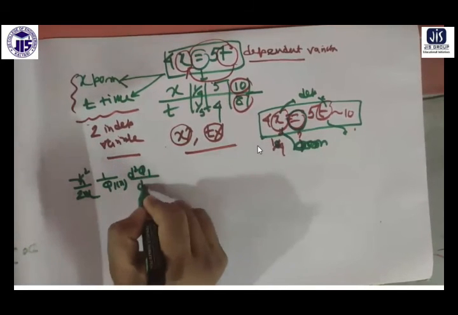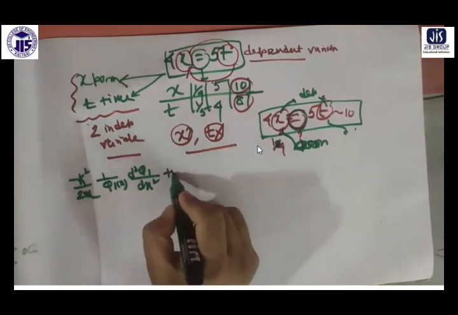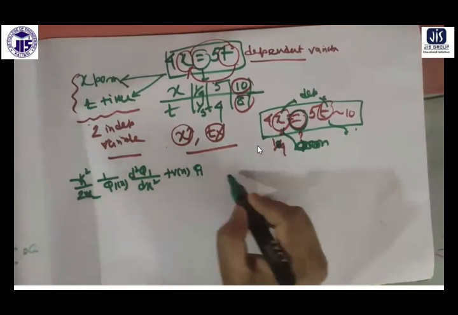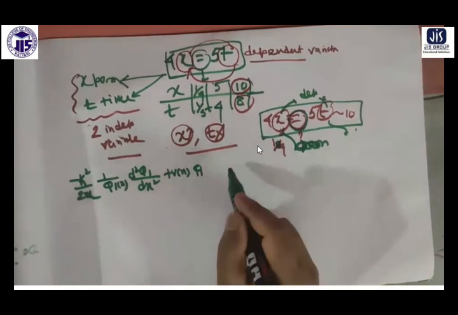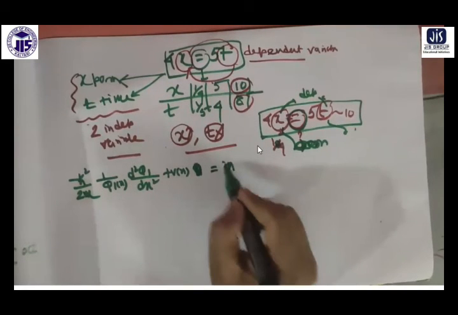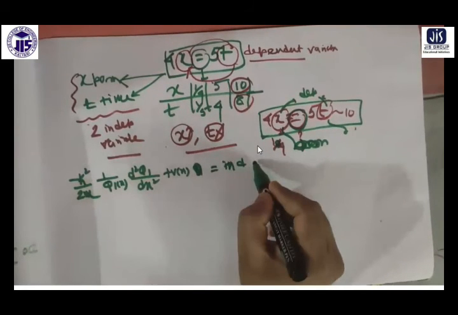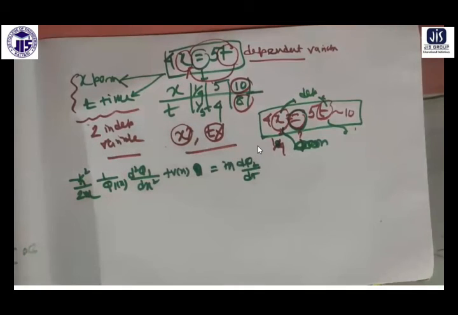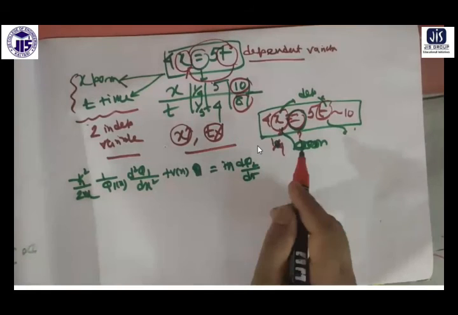D2 phi 1 dx2 plus Vx equal to i h cut d phi 2 dt.